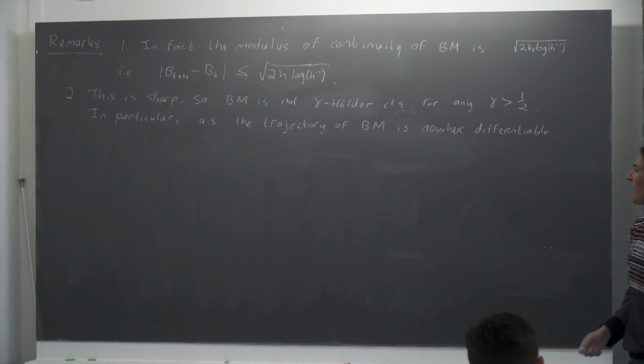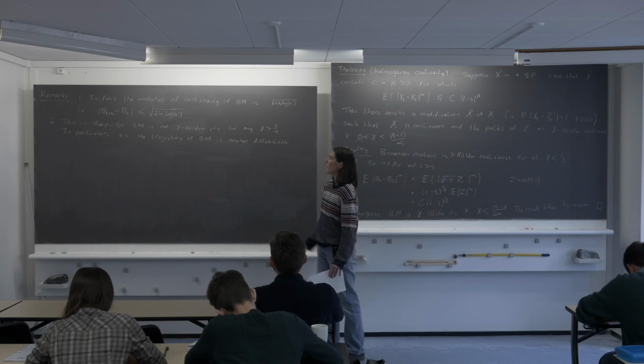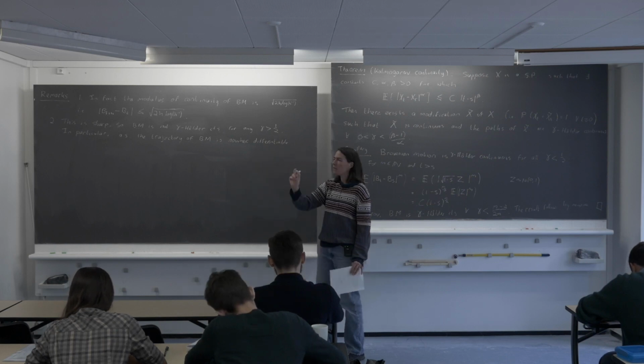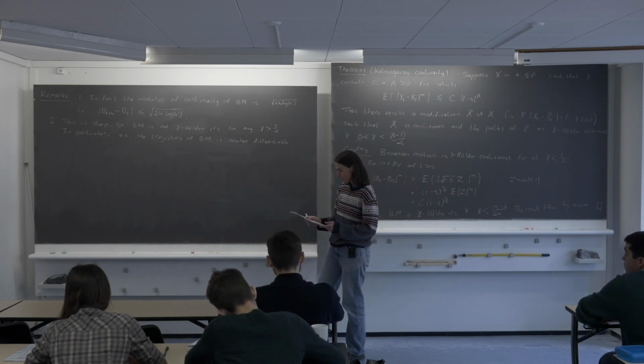So if you take any small interval, you can show that the Holder continuity doesn't hold for any gamma bigger than 1/2. And so you can show that there's no interval on which Brownian motion is differentiable.